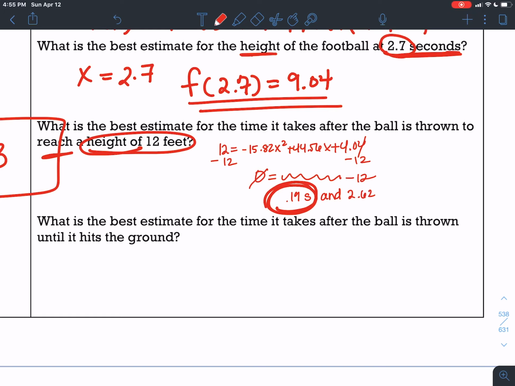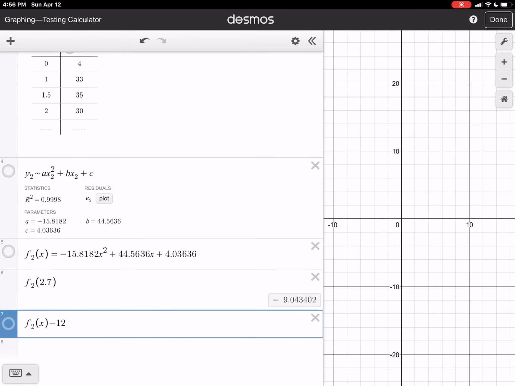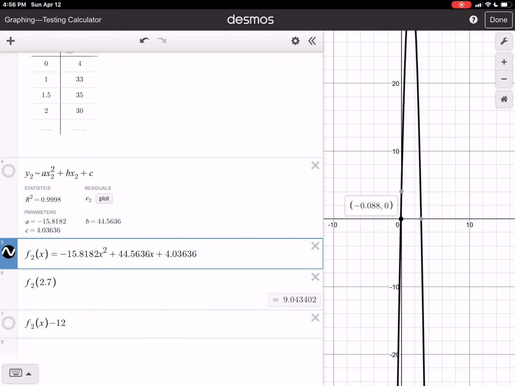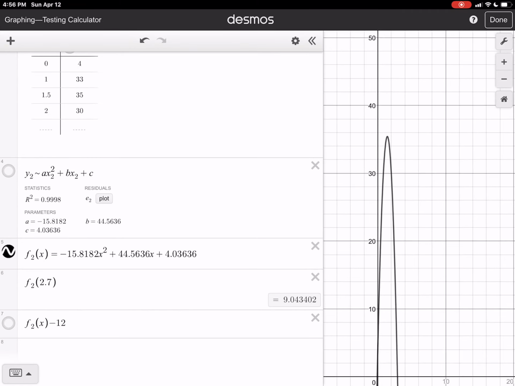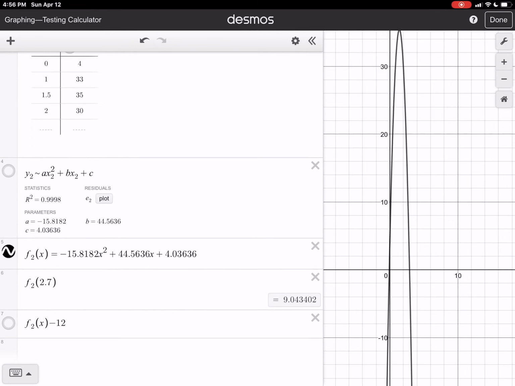So, what is the best estimate for the time it takes after the ball is thrown until it hits the ground? It's going to go up and then come back down. Let me look at that equation that I got from my regression. It started here at approximately 0, 0. It went way up there and then it came back down. And this y-axis is how tall it is. I want to find out when it'll hit the ground.